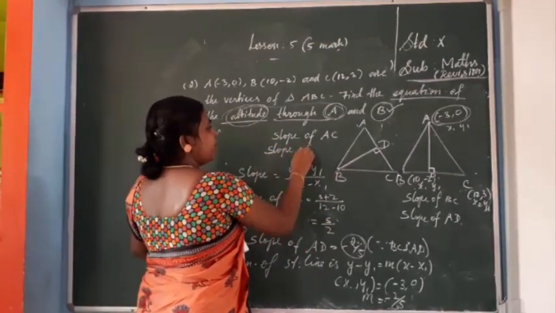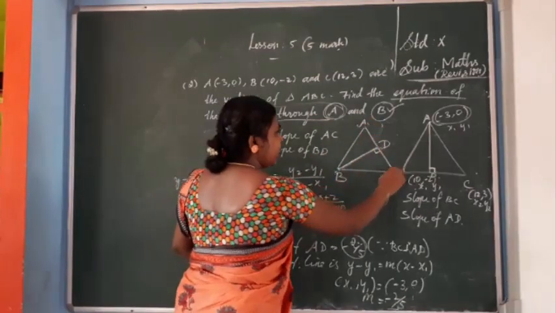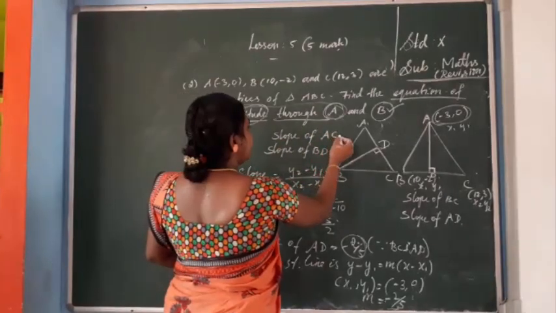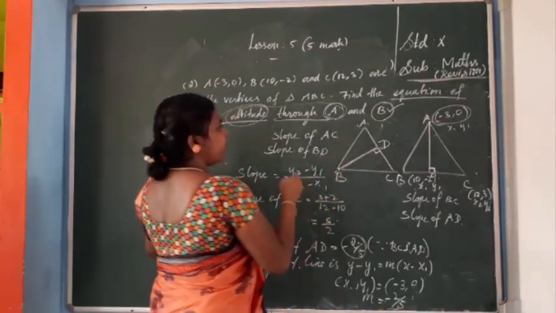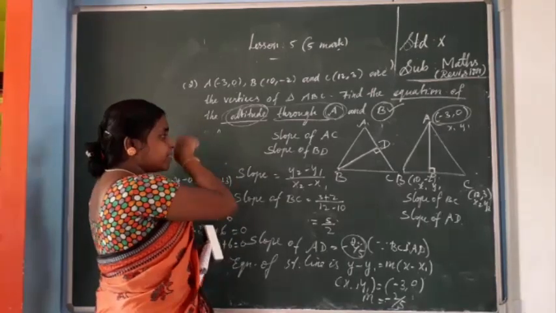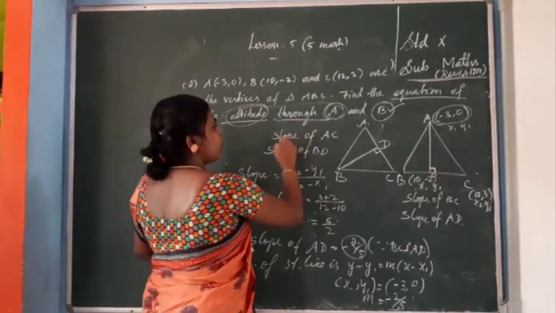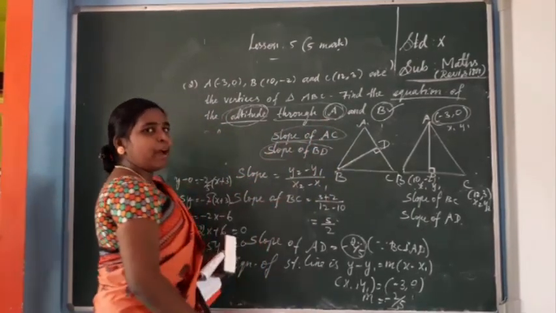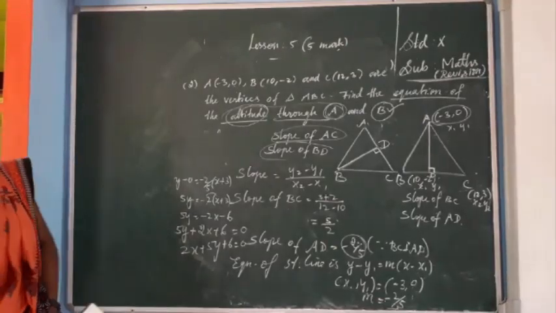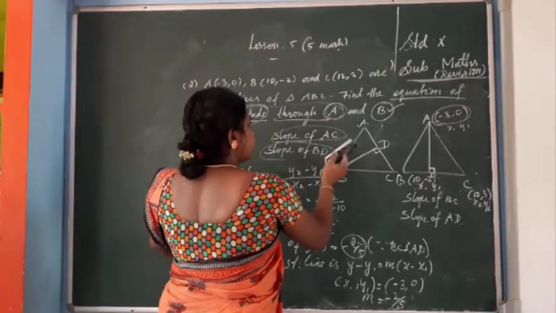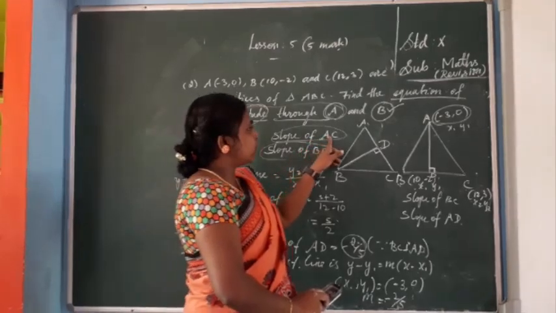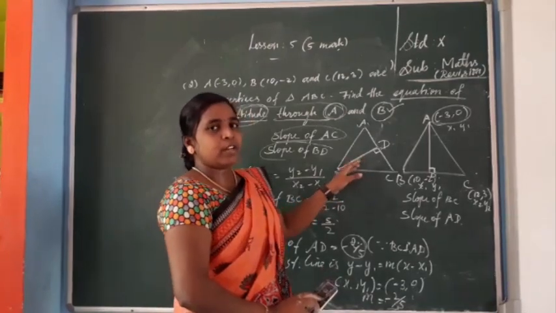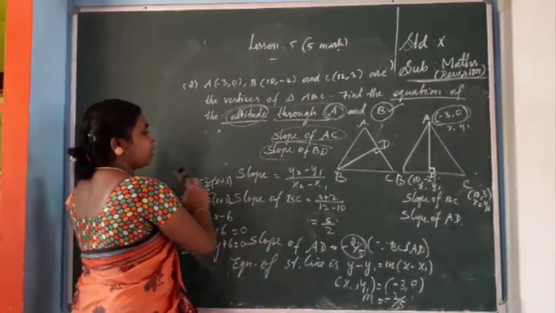BD is perpendicular to AC, so the slope of BD is the opposite sign and reciprocal of the AC value. So first find the slope of AC, then the slope of BD. Next step, you have to find the equation. Slope we got, and the perpendicular slope we also got.